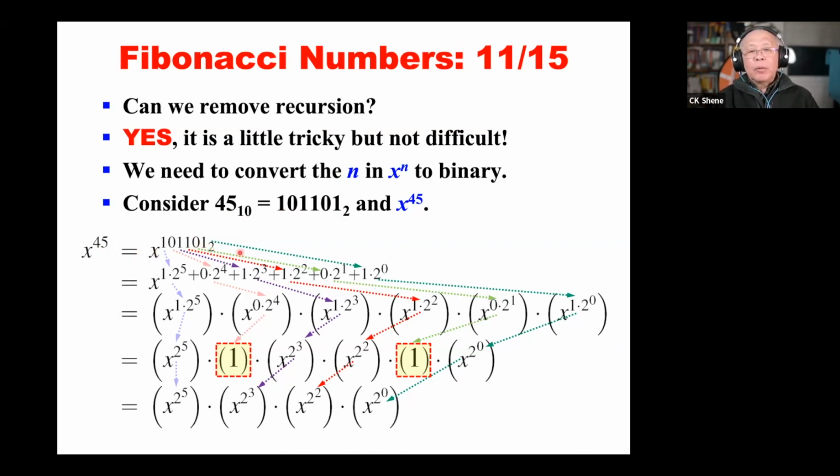This is equivalent to 1 times 2 raised to the 0th power. The second digit is 0 times 2 raised to the first power. The third digit from the right is 1 times 2 squared. This one is equal to 1 times 2 raised to the third power.